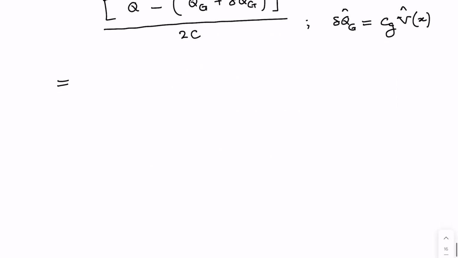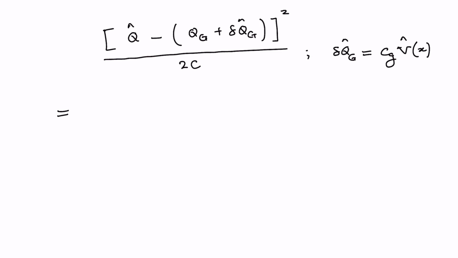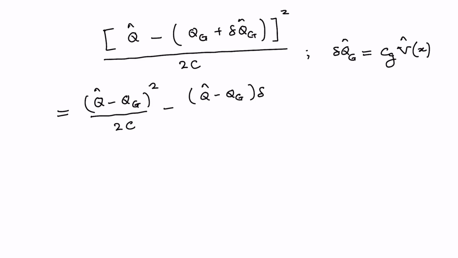So if I expand this particular term here, then I'm going to get terms like this. We are going to have the term (Q − Q_g)² divided by 2C, minus (Q − Q_g) δQ_g divided by C, plus (δQ_g)² divided by 2C.